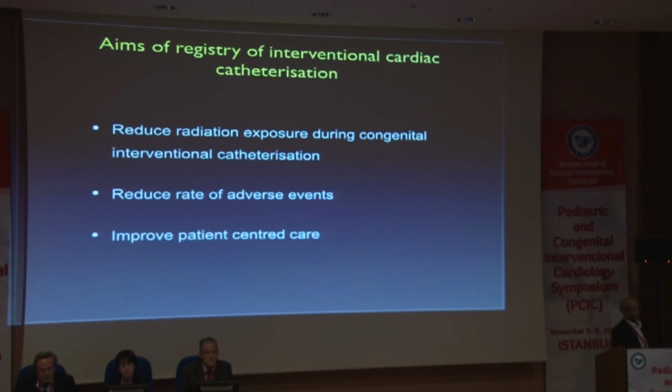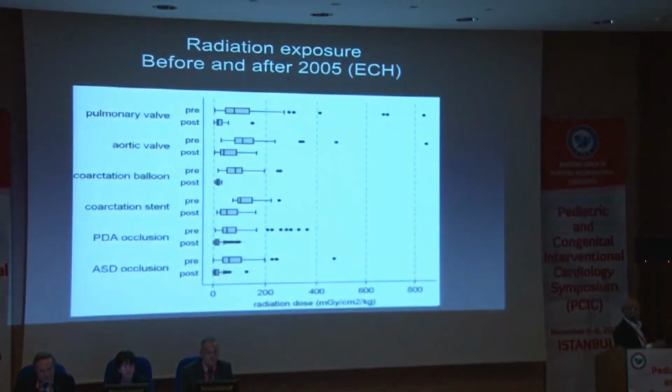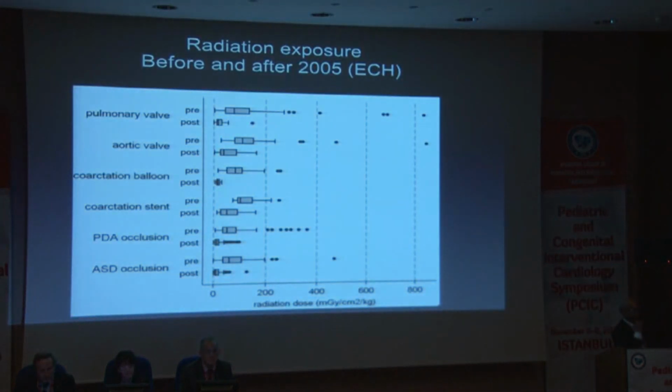Other areas that we should be looking at are reducing radiation exposure during interventions, not surprisingly reducing adverse events, and improving patient-centered care. In our own unit, this is a simple example of radiation exposure. We compared our data from before 2005 with after, because we made major changes in 2005.